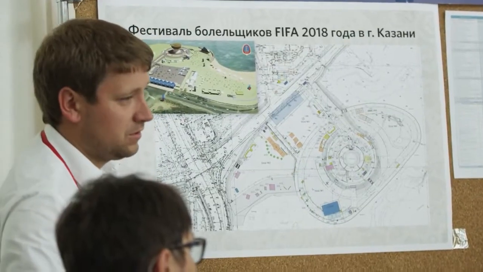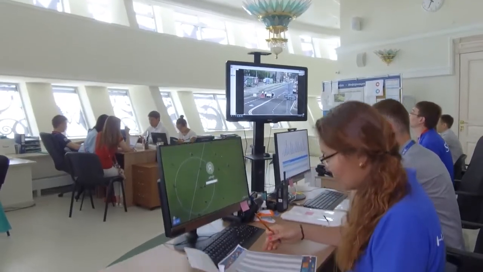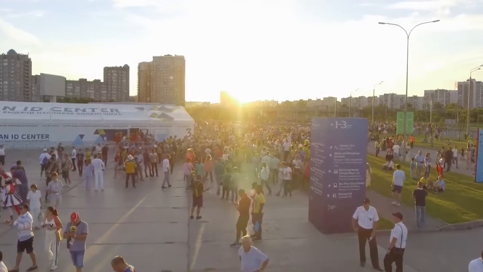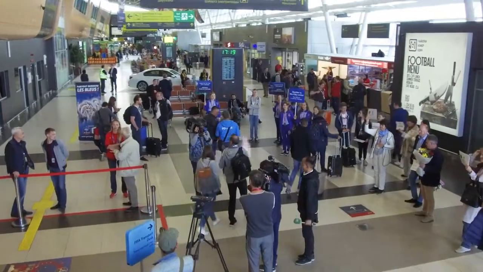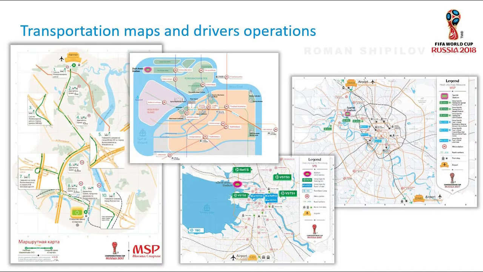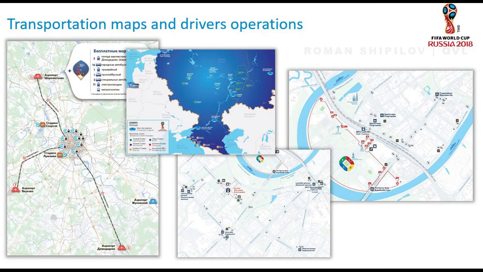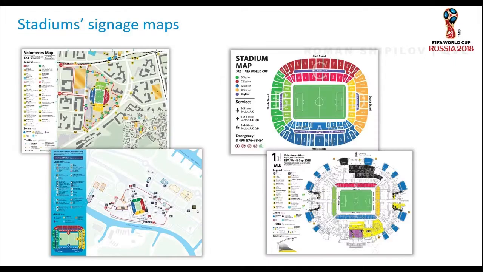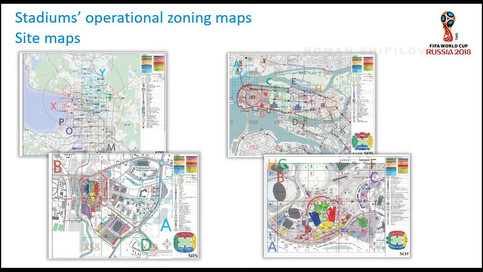Obviously, for the implementation of all functional operations, it is required to plan a significant amount of temporary infrastructure at each official venue or any facility that is needed, which is far beyond just the sports venues themselves. So, in addition to providing an overlay and design solutions for the event infrastructure, functions require support in the form of various types of graphic documentation and operational schemes, which in turn requires the involvement of the same overlay developers.